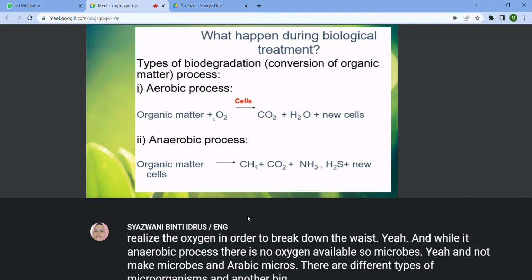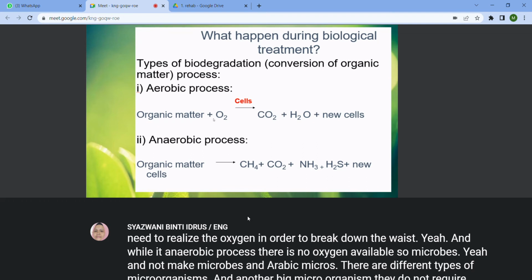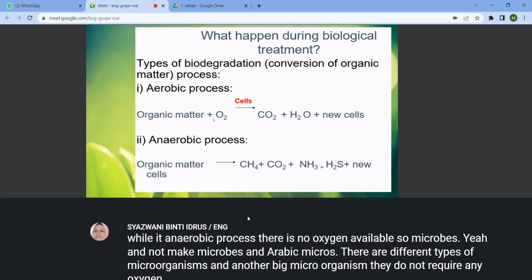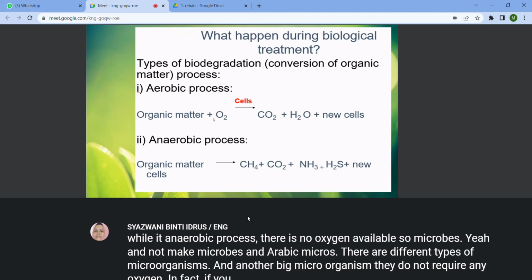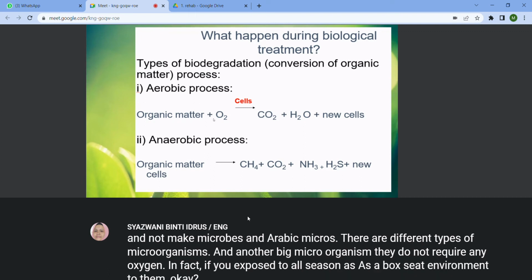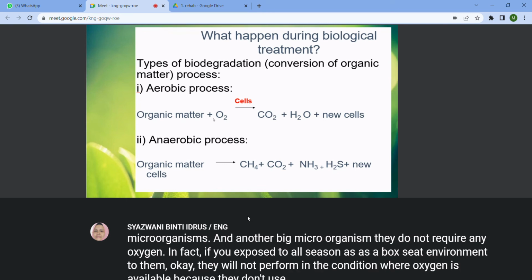Anaerobic microorganisms do not require any oxygen. In fact, exposure to oxygen is a toxic environment for them. They will not perform where oxygen is available because they don't use oxygen to biodegrade the waste.